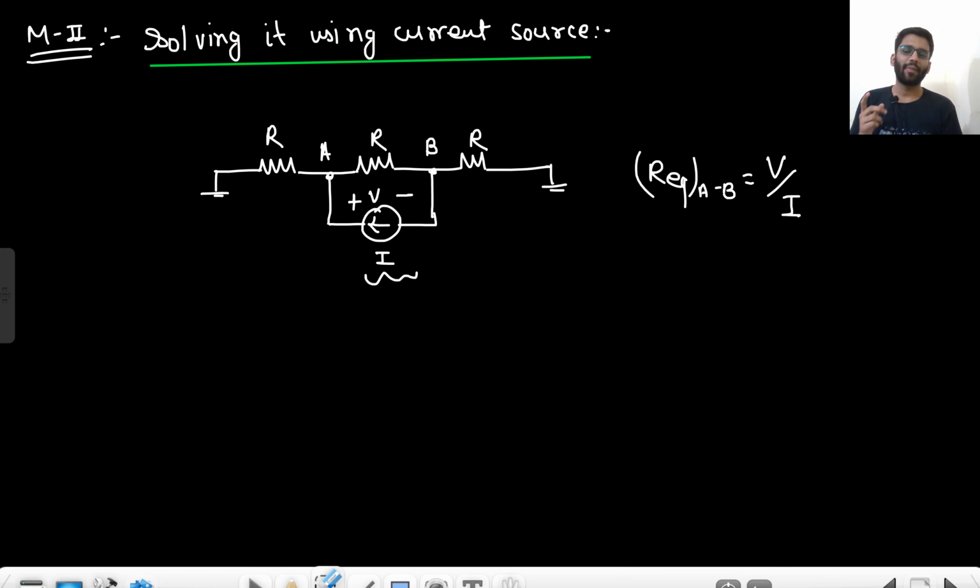So for that we will apply the superposition theorem. Now what is superposition? Many of you don't know that. So basically I will just tell you what superposition is. If you have two sources, you can neglect one source and consider only one source at a time. Analyze the circuit, get your results. Then consider the other source.